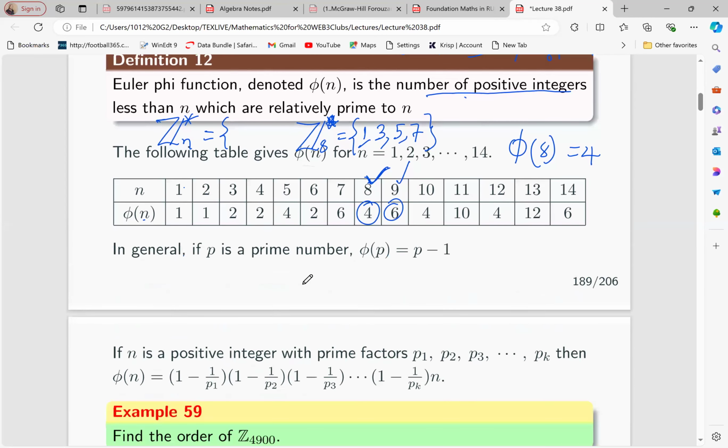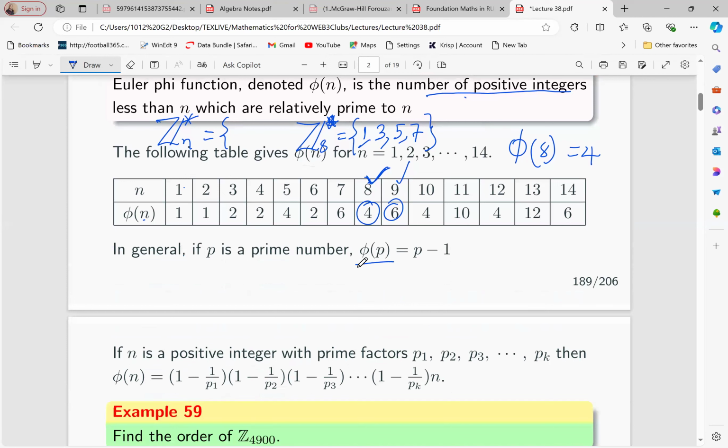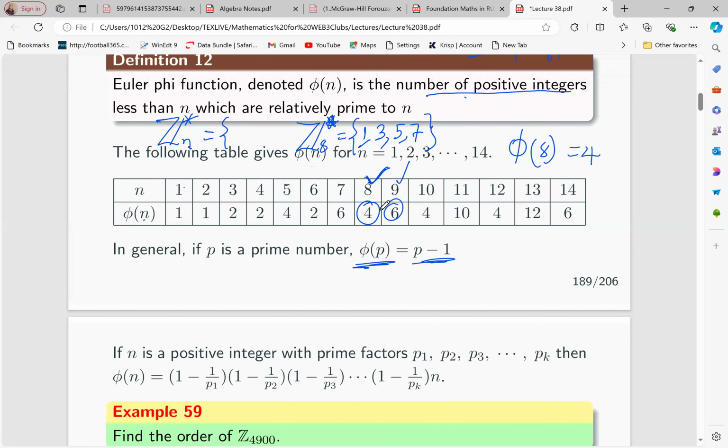I've already said that if the number is prime, then to get the Euler phi, you just subtract 1 from that number. That is what you are seeing from this table. 7 is prime, so the Euler phi of 7 is just 7 minus 1, which is 6. Another prime number here is 5, so the Euler phi of 5 is just 5 minus 1, which is 4.